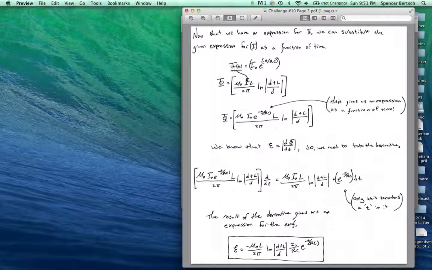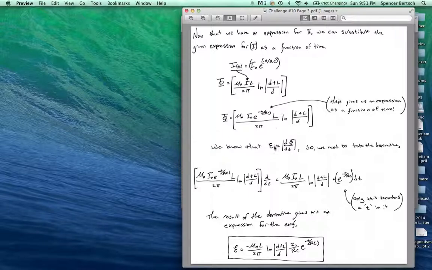So we can plug this in, and phi is equal to mu naught I naught e to the negative t over RC times L over 2 pi, times the natural log of (d plus L) over d. Actually, I just realized this could be 1 plus L over d, but that doesn't matter.